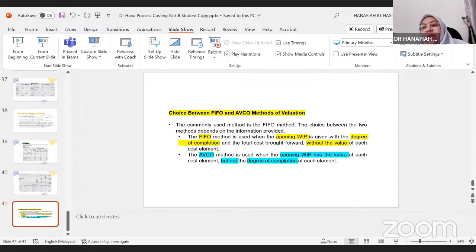All right, so if in the process, normally we are going to have loss, right? In production there will be loss or spoilage, right? Do you understand me?